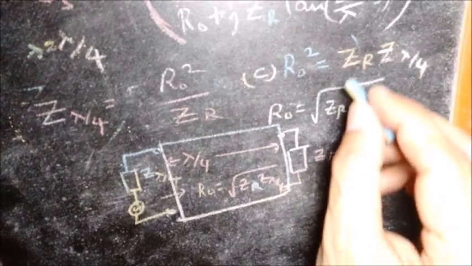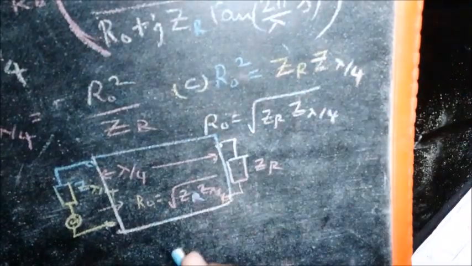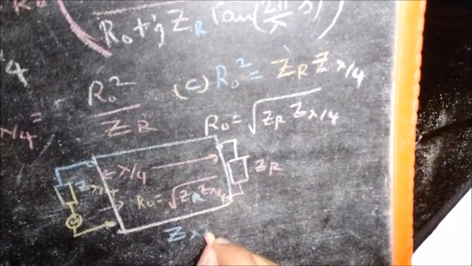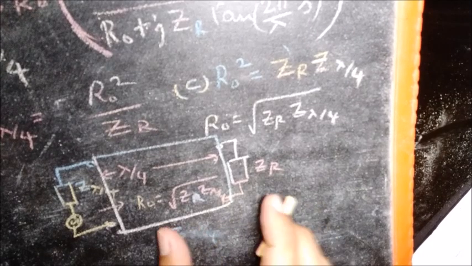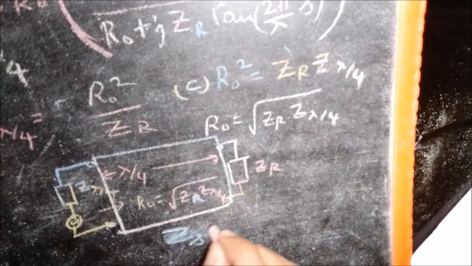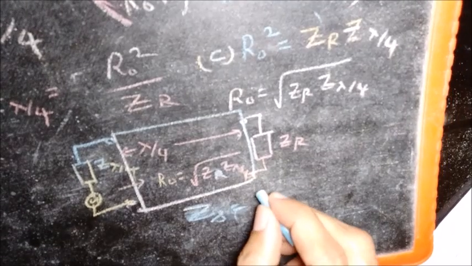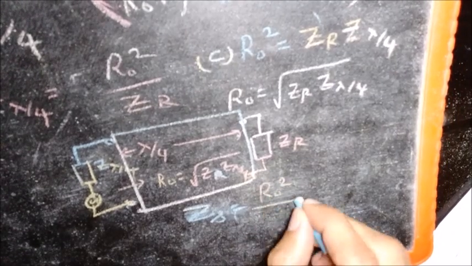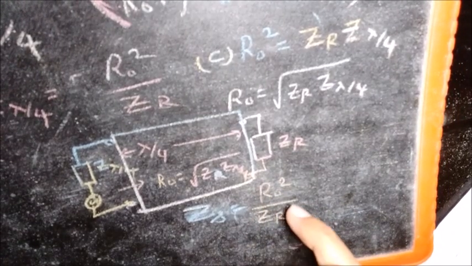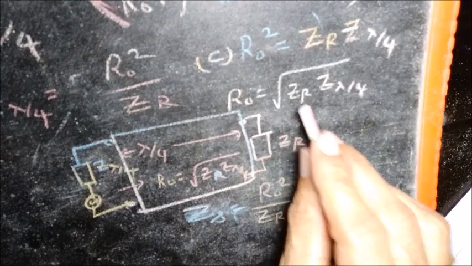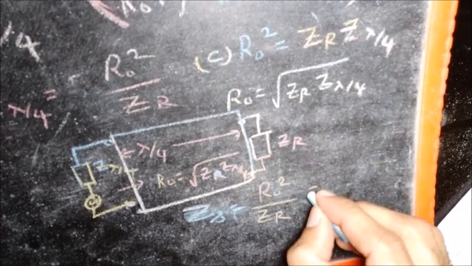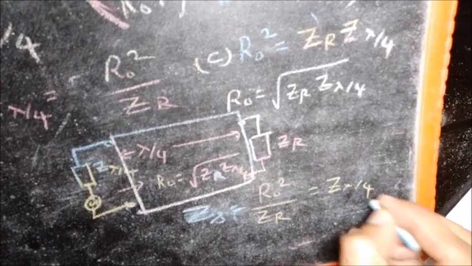So, if you see here, the input impedance in general is given by R0 square by ZR, and R0 square is equal to ZR Z lambda by 4 now. So this becomes Z lambda by 4.